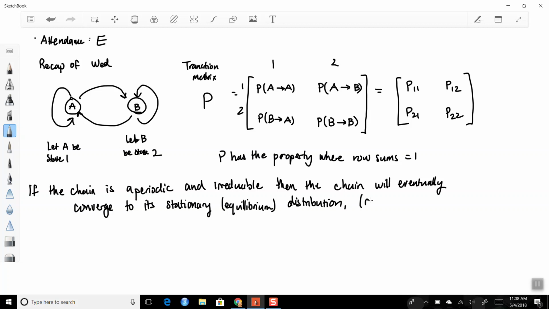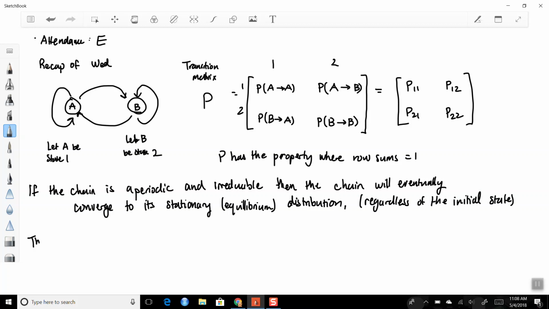And this is regardless of the initial state. So no matter what the initial state looks like, if you let the chain run long enough, it will converge to its equilibrium distribution. Okay?